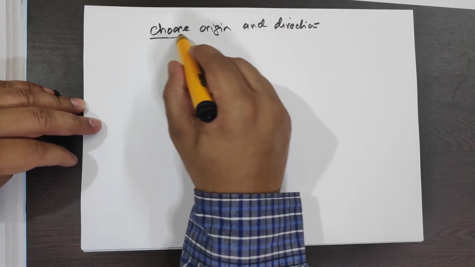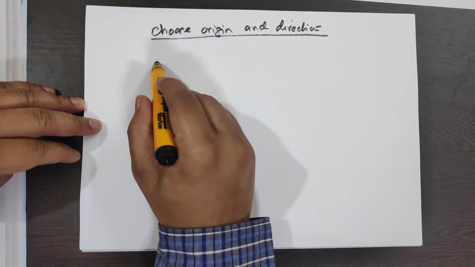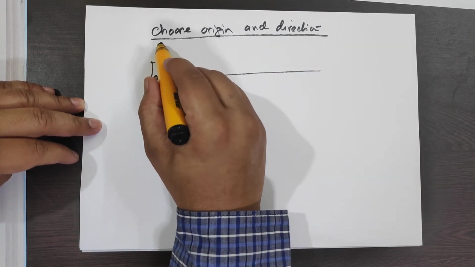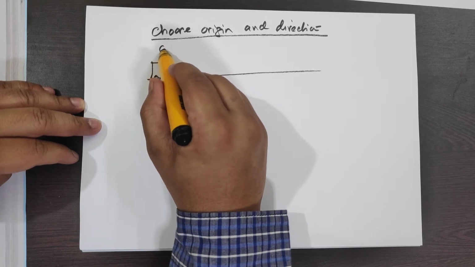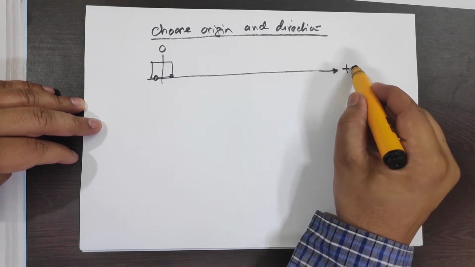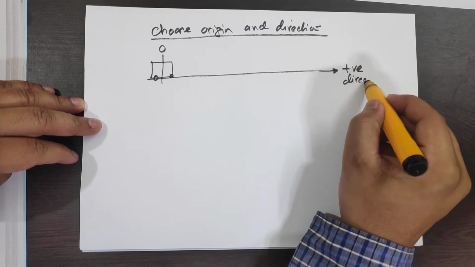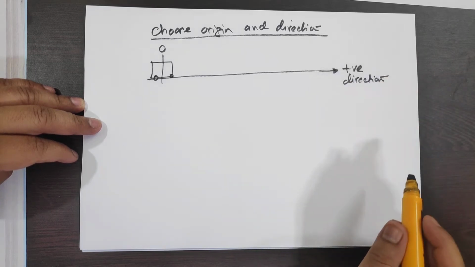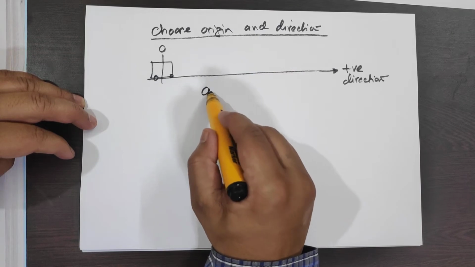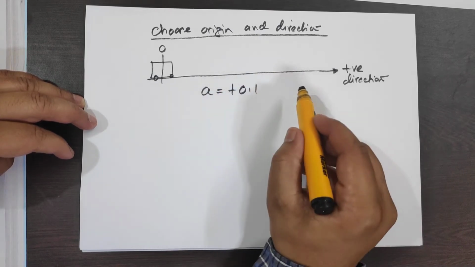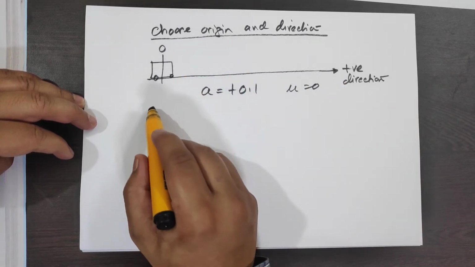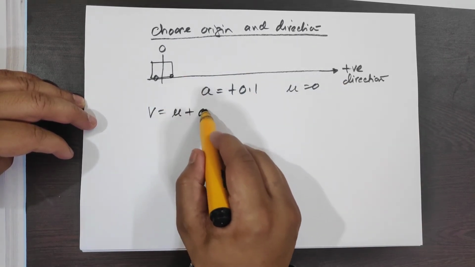That means wherever the bus starts, you choose this for 0 or displacement equal to 0, and this is the positive direction, and accordingly the values will have signs. So here it is in positive direction, so a is equal to plus 0.1, and u was 0 obviously.